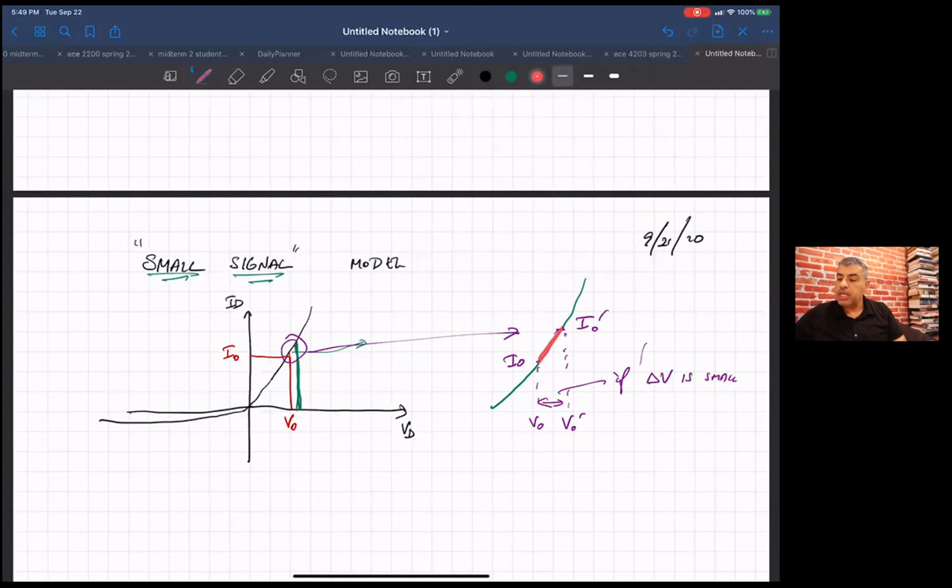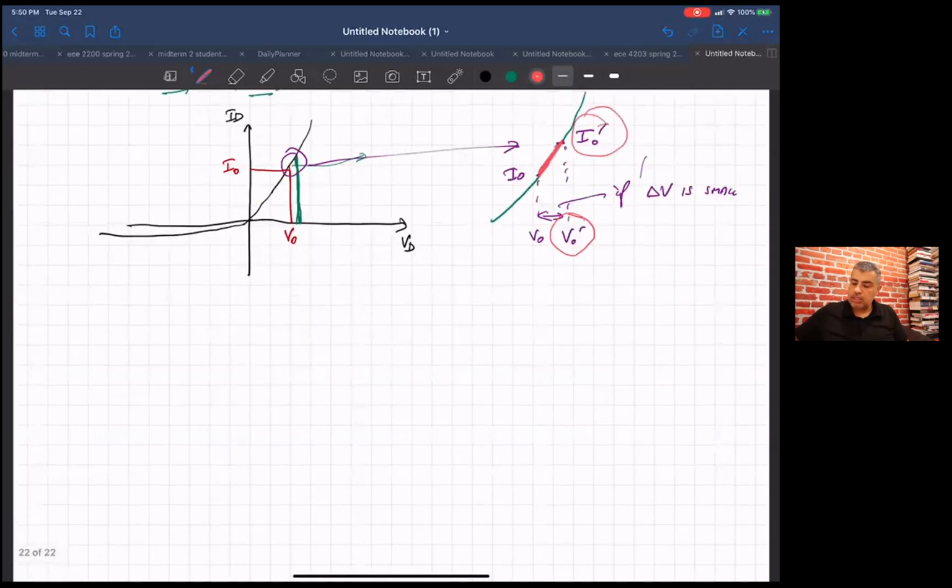So I can pretend I just have a resistor between I sub 0 and I sub 0 prime, and quickly come up with new numbers for V sub 0 prime or I sub 0 prime. So you're saying if my input signal is a small signal, then I can get a linear approximation to my circuit. That's the idea behind this.